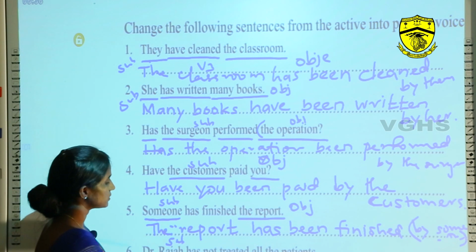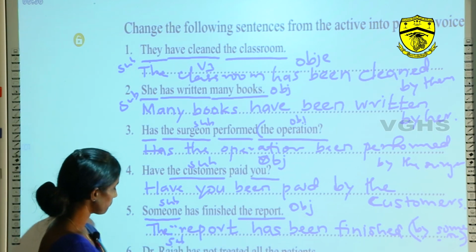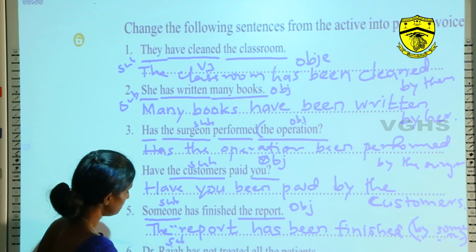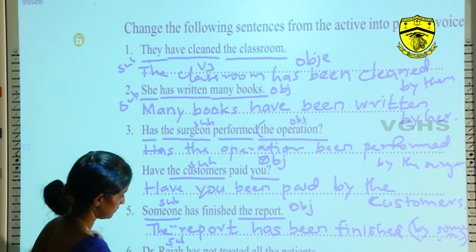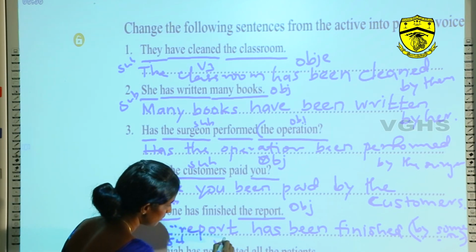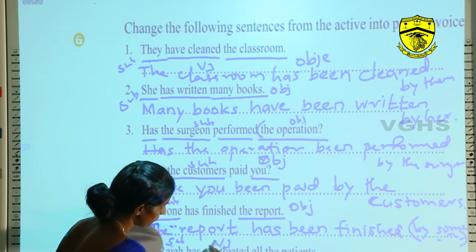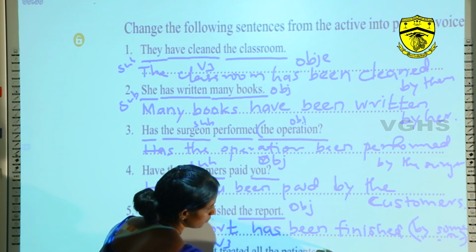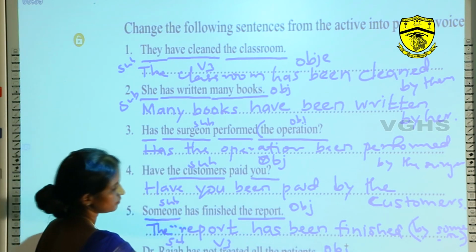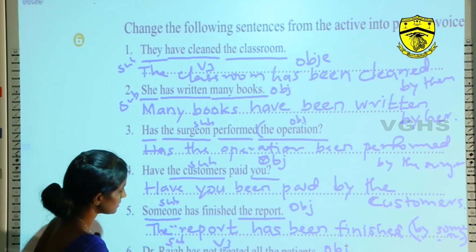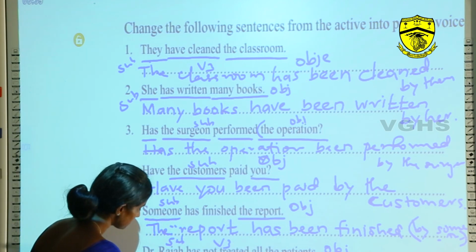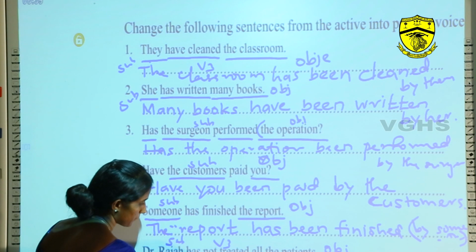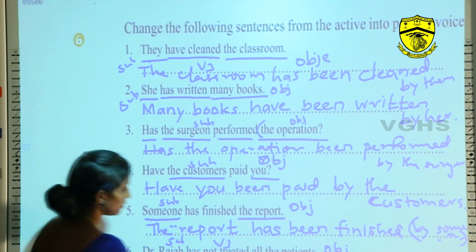Okay, the last one: Dr. Raja has not treated all the patients. Here also we can identify the subject, object and the verb. Dr. Raja is the subject and has not treated is the verb. This is the negative form, and all the patients is the object. Likewise the object comes as the subject: all the patients.